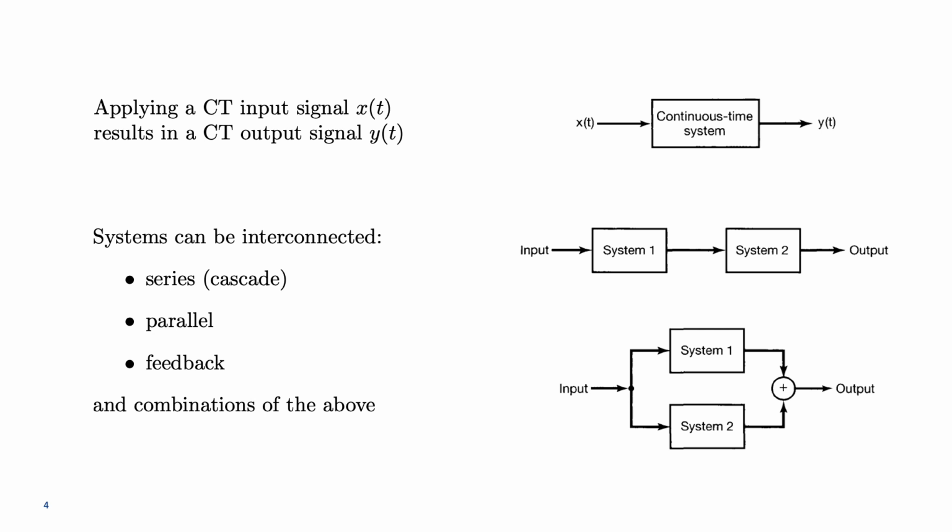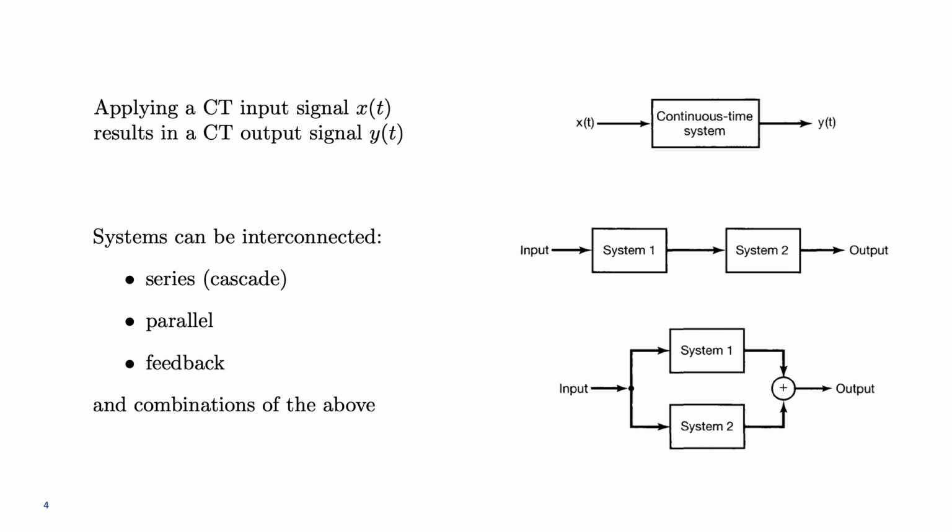What's an example of a series interconnection? A radio receiver followed by an amplifier. What's an example of a parallel interconnection? An audio system with several microphones feeding into a single amplifier and speaker.